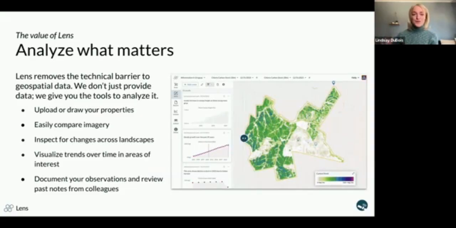Rather, we're giving you the tool that makes it easy for you to flip between these data sets, run analysis on your own, compare imagery, run trends, visualize that in many different ways, and ultimately share those insights with key stakeholders much more efficiently. So essentially, we are an efficient tool in that way.